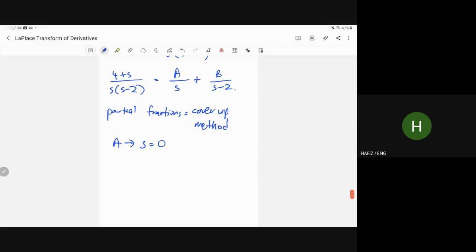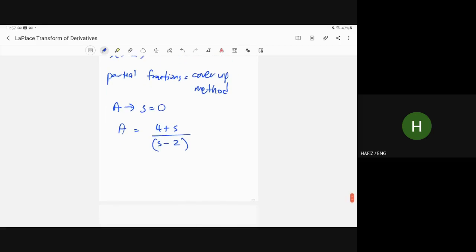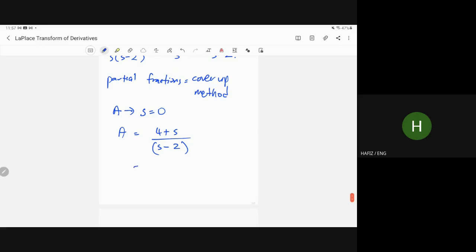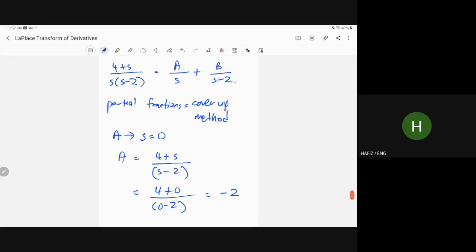The s at the denominator, we close it with our finger. So you disregard the s here on the outside and you are seeing this only. Now you set the s value as 0. So 4 plus 0 over 0 minus 2. So the answer is minus 2. Okay, if you do the long way, you'll find that the answer is the same.